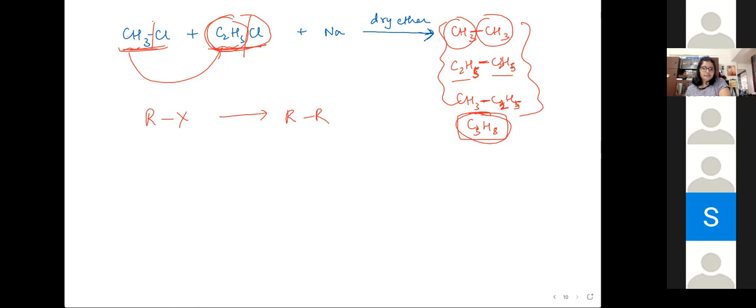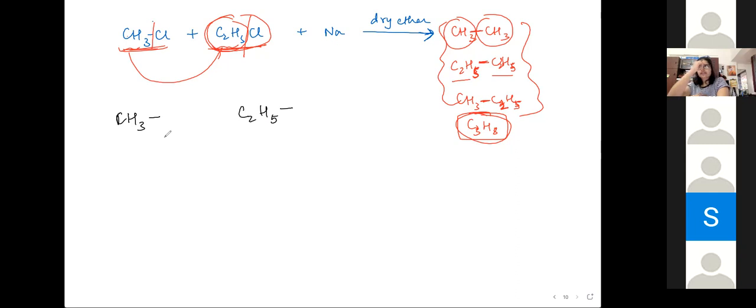So essentially, if I had to animate it and show it to you guys, this is what is happening. From this compound, this breaks off into CH3. This breaks off into C2H5, like the halide has broken off. Now, whenever you do these reactions, you're not going to take a single molecule, right?